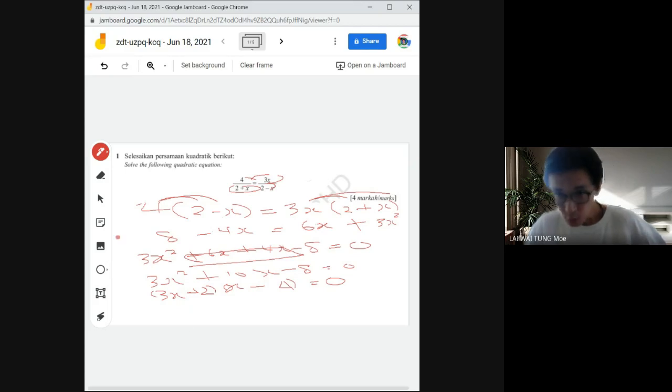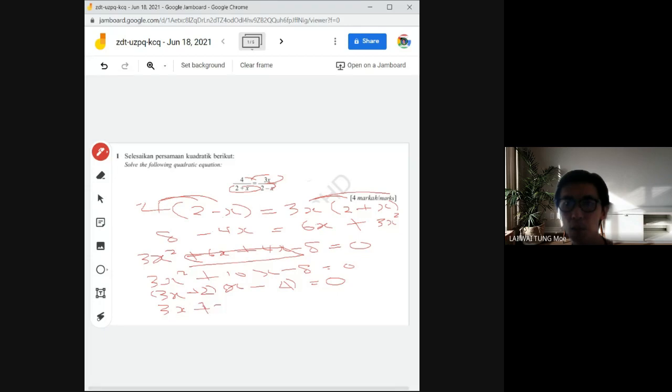So you will get 3x plus 2 equals to 0, or x minus 4 equals to 0. So finally, you will get x equals to negative 2 over 3, or x equals to 4.